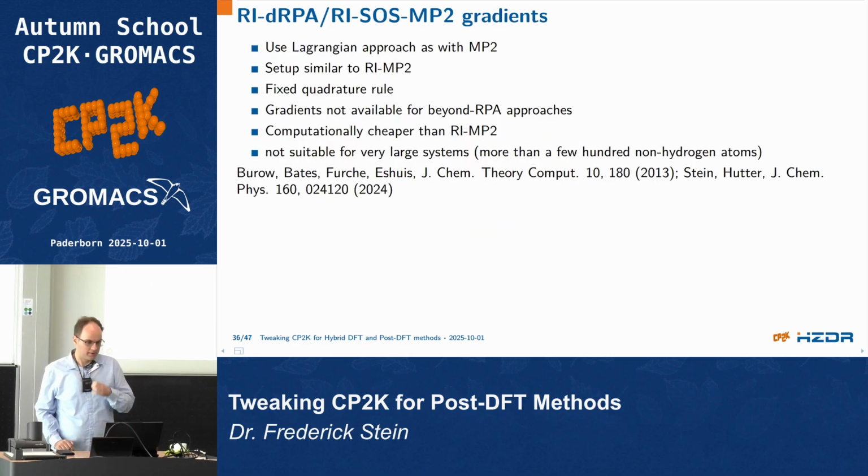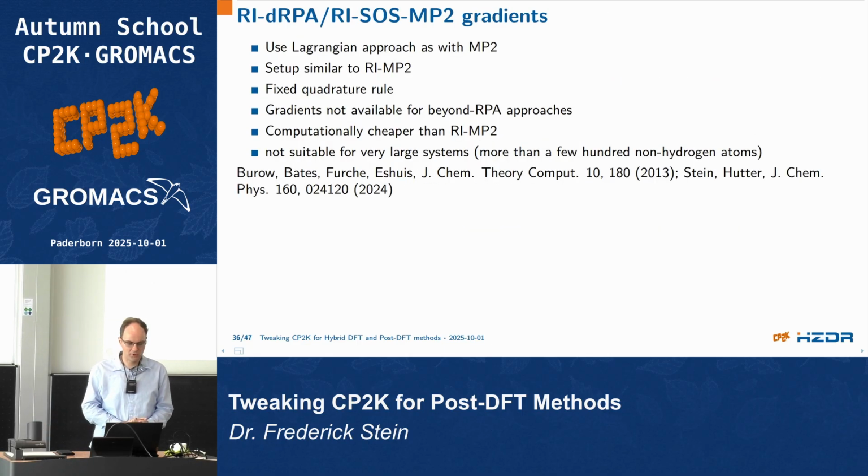Okay. Speaking of gradients, the basic approach is similar to the implementation of gradients with MP2, and the general setup is also pretty similar to RI MP2. In CP2K, we fix the quadrature rule.